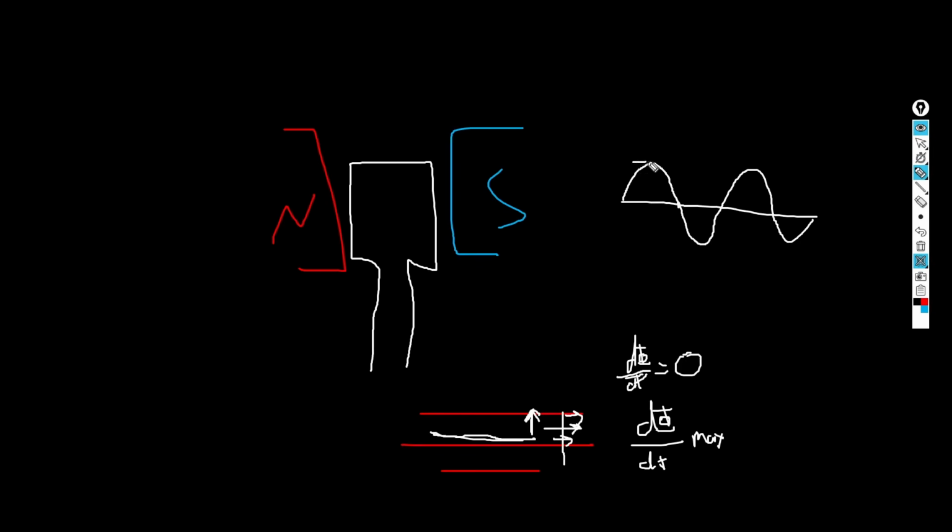So when delta phi over delta t is 0, this is max flux going through it. So it's the maximums and minimums. But when delta phi over delta t is at its maximum, the flux itself is changing at the highest rate. So this is phi, not delta phi over delta t. Delta phi over delta t here is equal to 0.